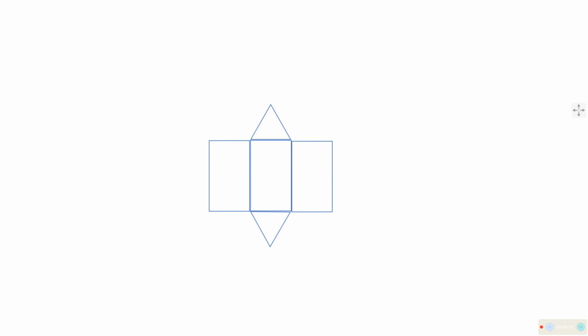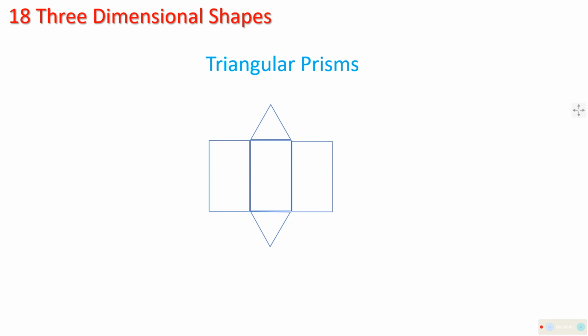Here is another net which can be properly folded and converted into a triangular prism. When we say triangular prism, the triangle looks like this, and the triangular prism will have top and bottom triangular and sides flat. So we need to fold this.